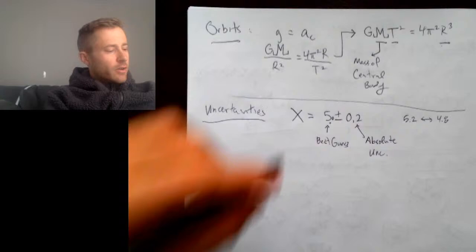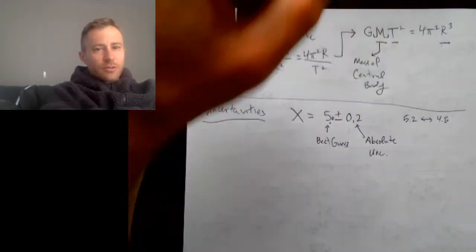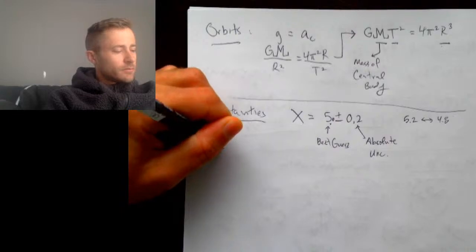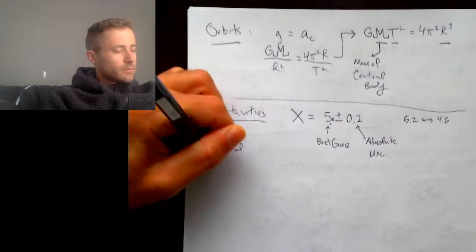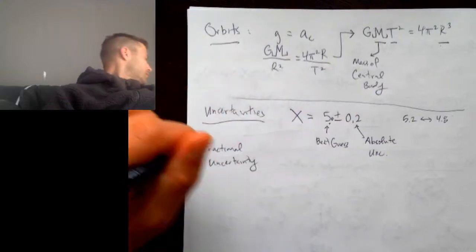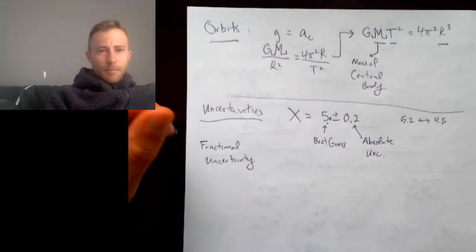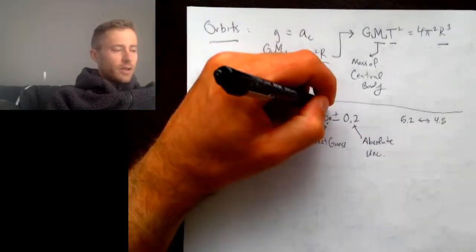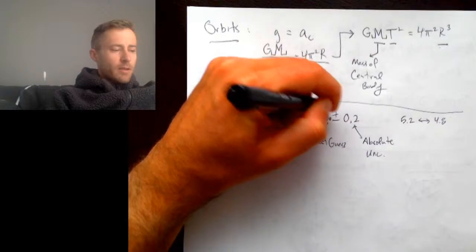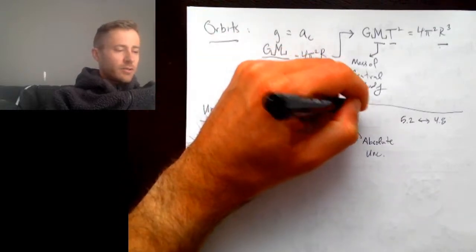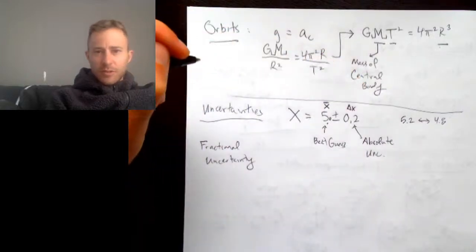So there's a thing called the fractional uncertainty. And by the way, sometimes I will write this as x bar for the best guess and delta x for the absolute uncertainty.